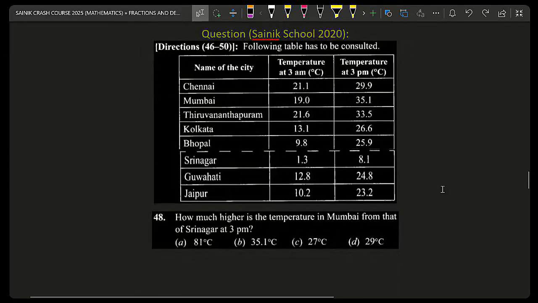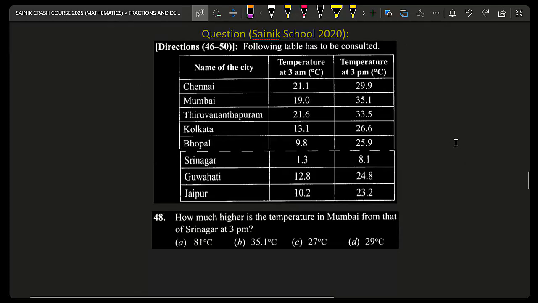How much higher is the temperature in Mumbai from that of Srinagar at 3 p.m.? Who will try to give the answer for this? Sahasra, can you give the answer?